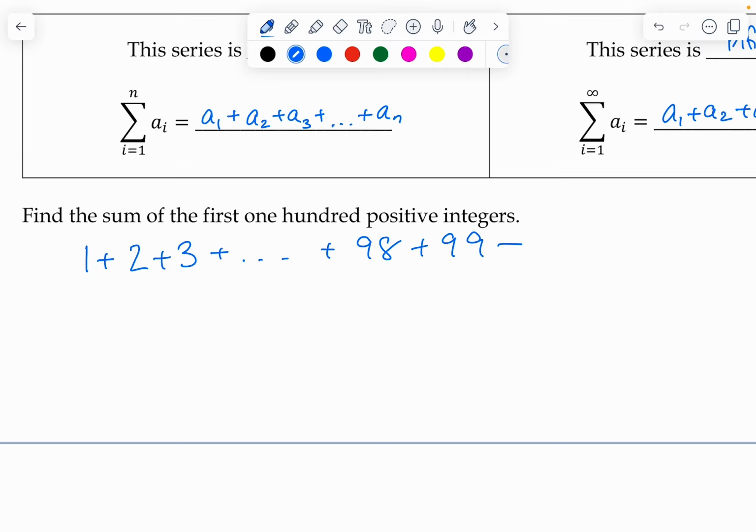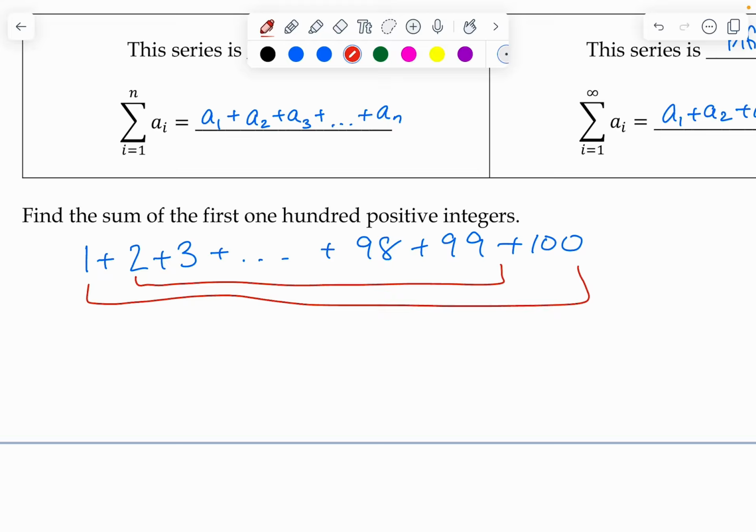If you think about the first 100 integers, maybe you might notice I wrote the first 3 and then the last 3, because if I take 1 plus 100, I get 101. If I take 2 plus 99, I get 101. If I take 3 plus 98, I get 101.